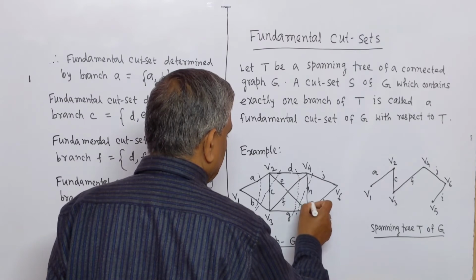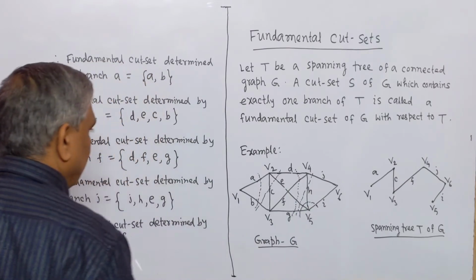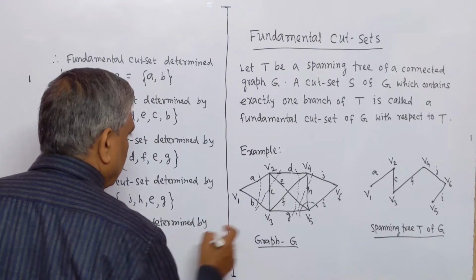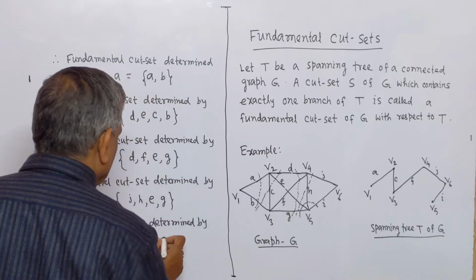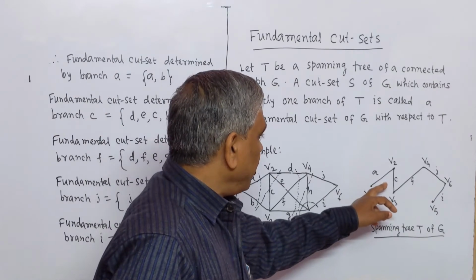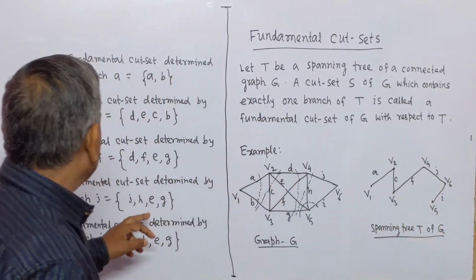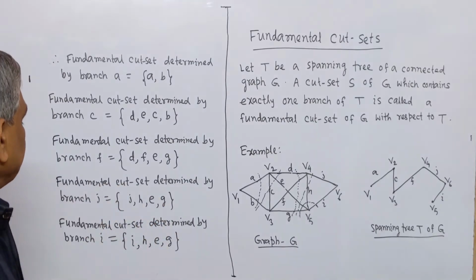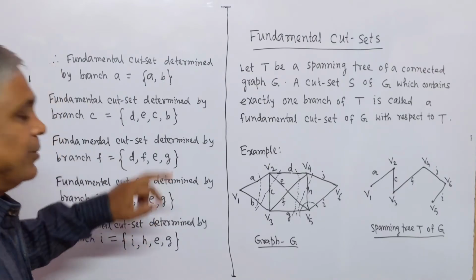So we take this type of fundamental cut set: I, then H, then E, then G. Here the number of branches is 1, 2, 3, 4, 5. So we get 5 fundamental cut sets.